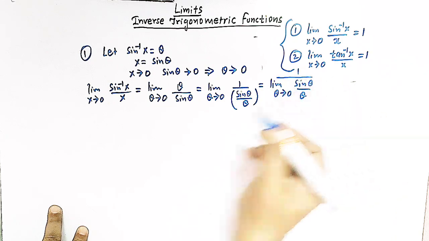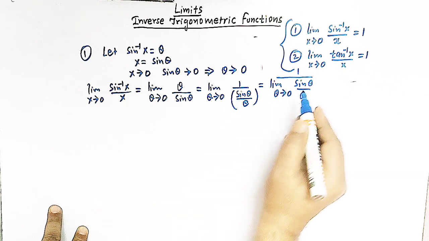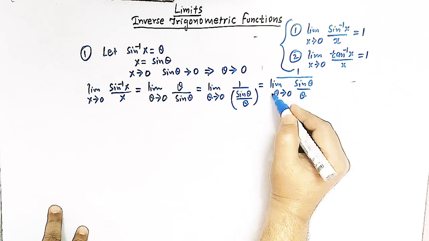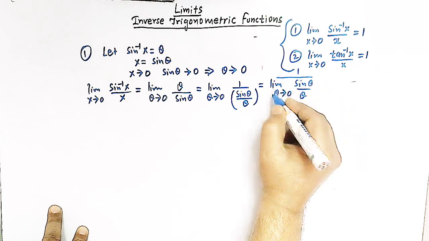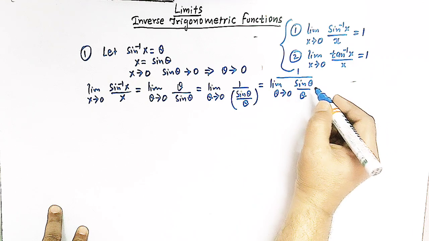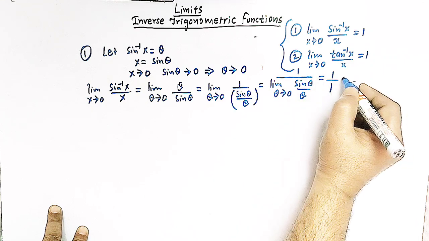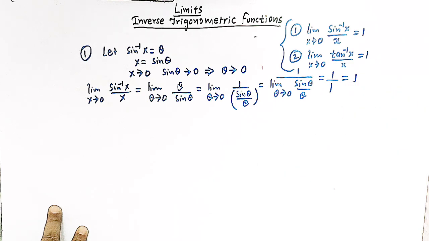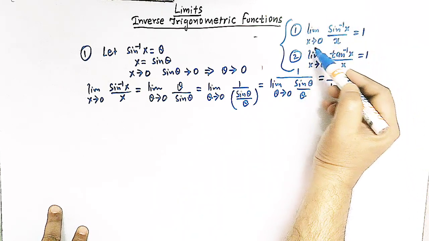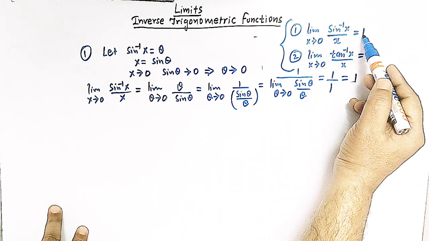Here we have the numerator 1. Now this is a standard result in limits, and the value of the limit as theta tends to 0 of sine theta over theta is 1. So we have 1 over 1, that is equal to 1. So the value of this limit is equal to 1.